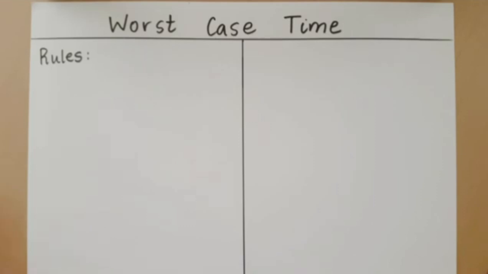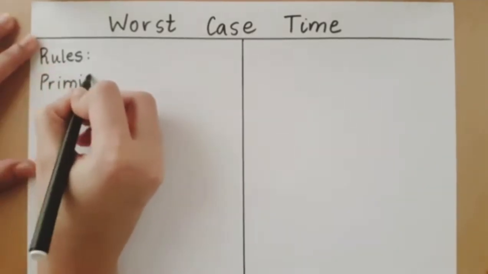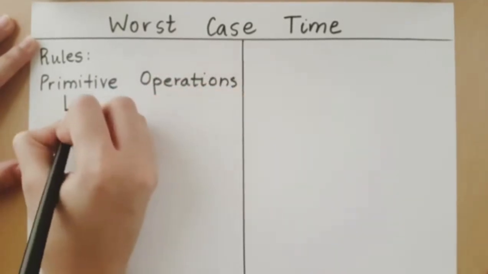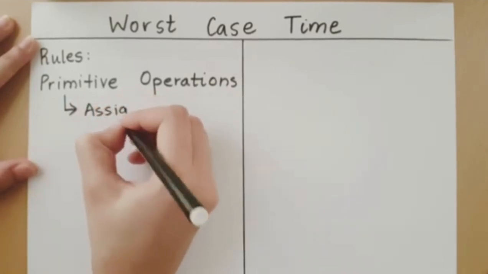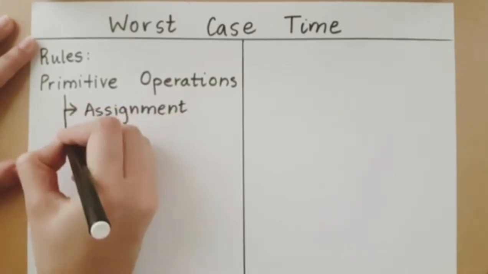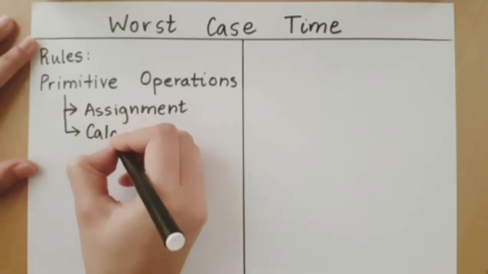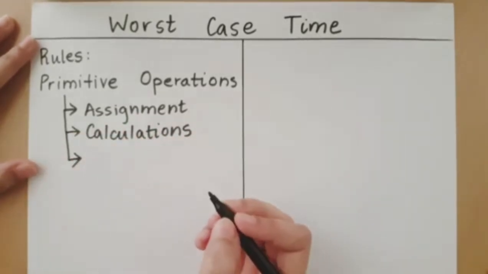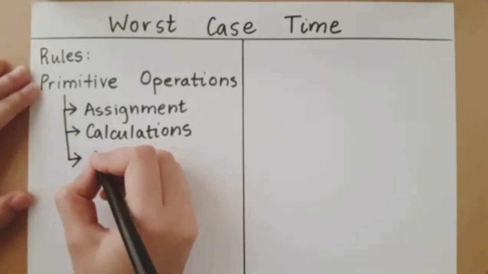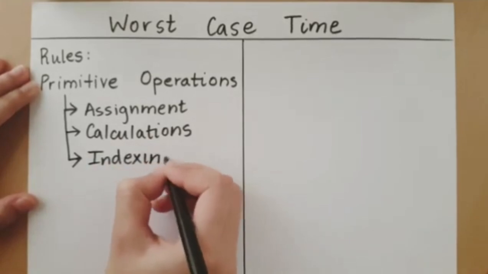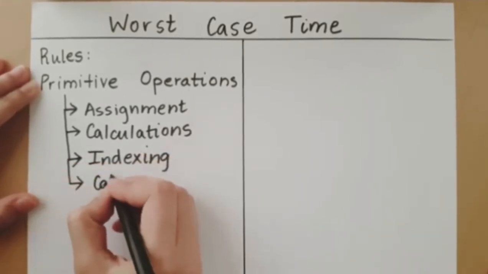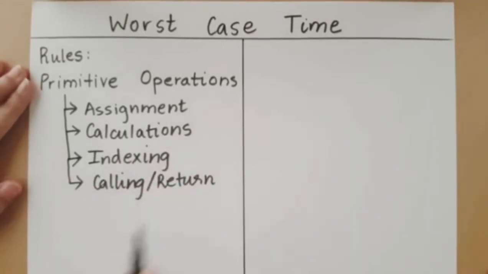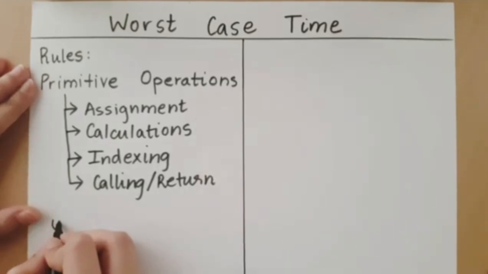The rule is that primitive operations such as assignment, any kind of calculations, indexing into an array, and calling and/or returning from a function, all these, which are called primitive operations, take unit time.